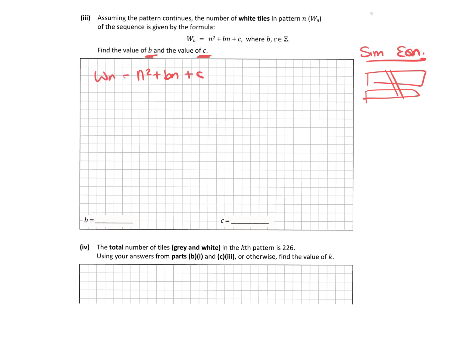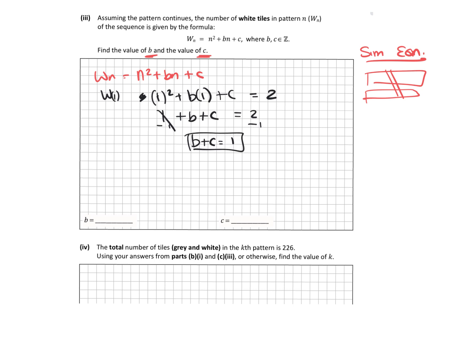That means the general rule. So what is the rule for the first term? So then that would be 1 squared plus b times 1 plus c. And if you look, the amount that's in the first term is 2. So I would have 1 plus b plus c equals 2, minus 1 on both sides, and I get b plus c equals 1.